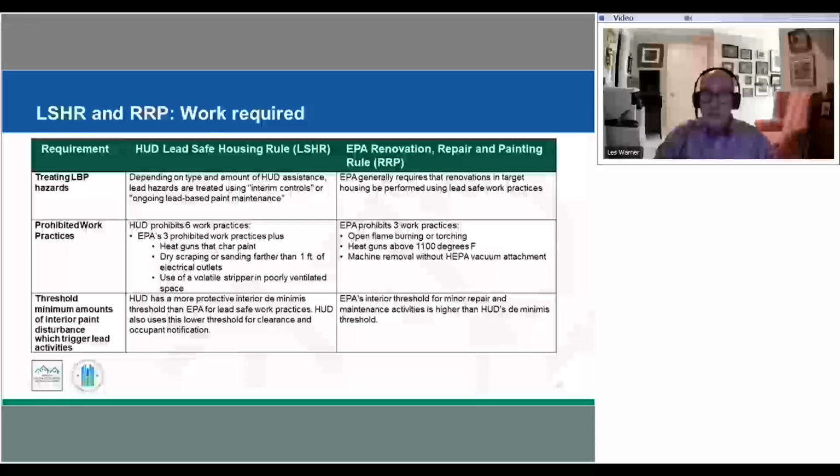As we mentioned earlier, our de minimis levels are a bit different between our EPA and our lead safe housing rule.